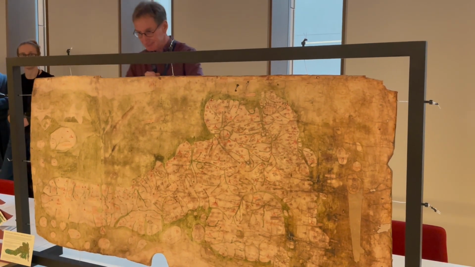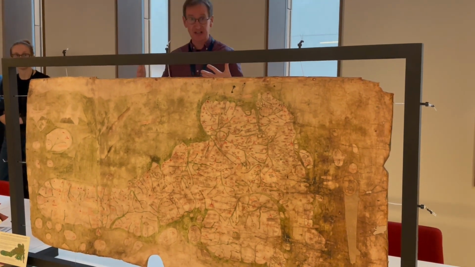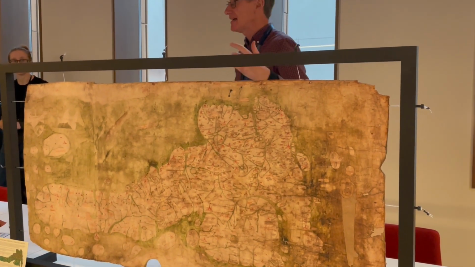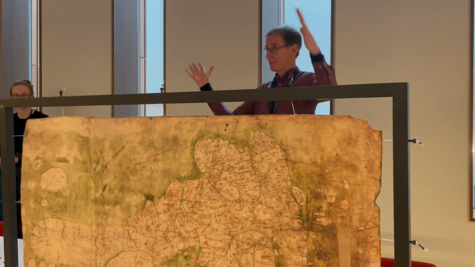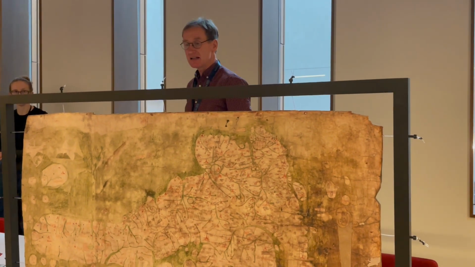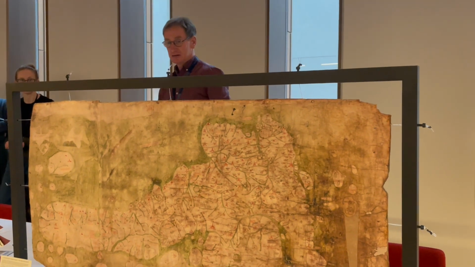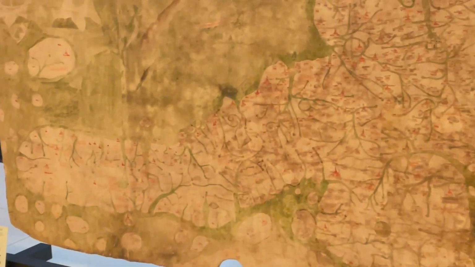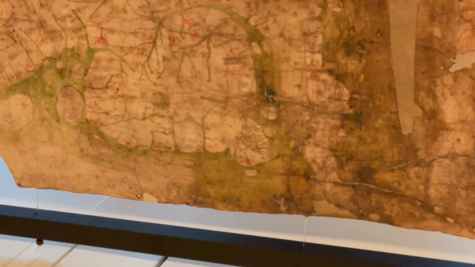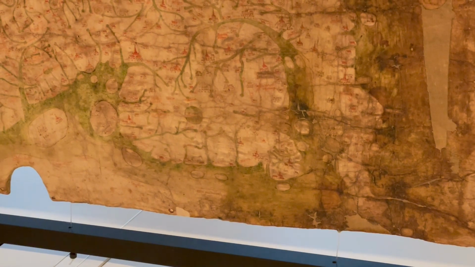Now, just to familiarise yourselves with it, East is at the top, so up here, and so Britain is lying on its side. Scotland is down this end. Wales you can see sort of down there. And what does it show?